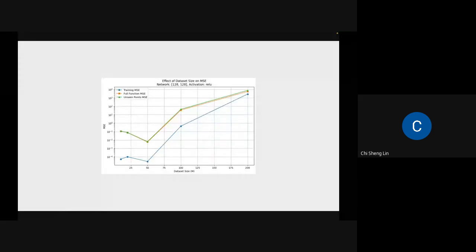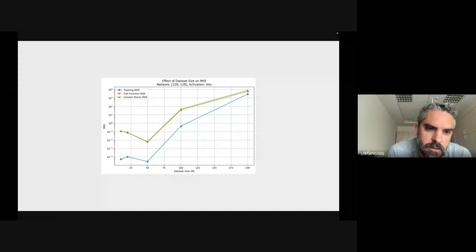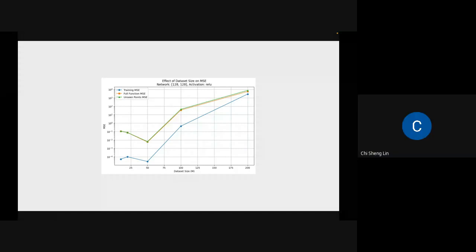We use hidden layers of size 128, two layers, and the activation function we use is the ReLU function.